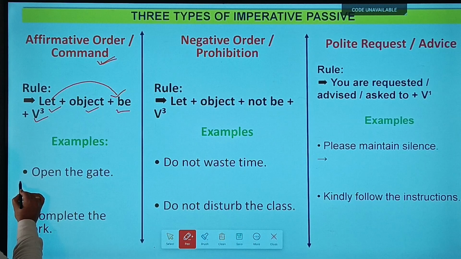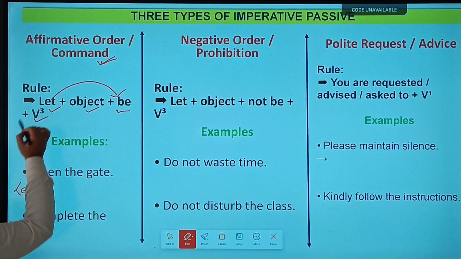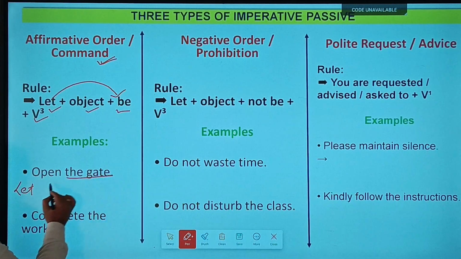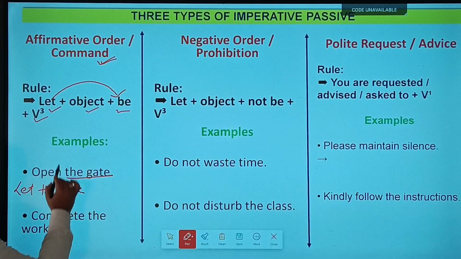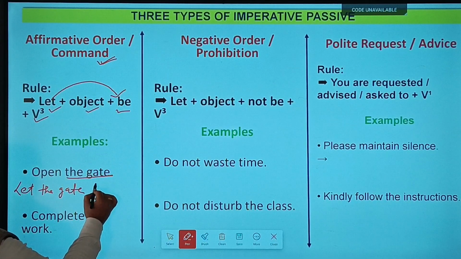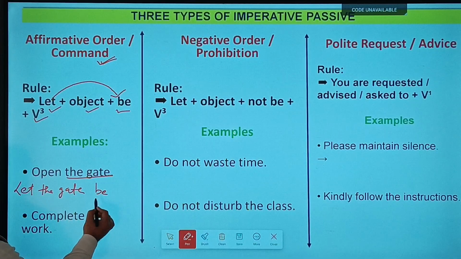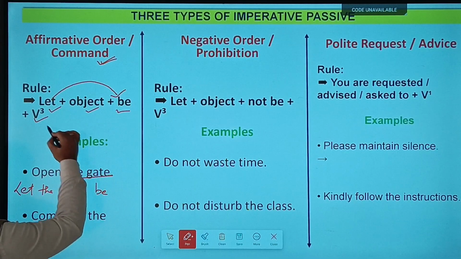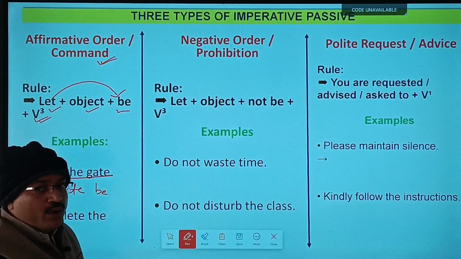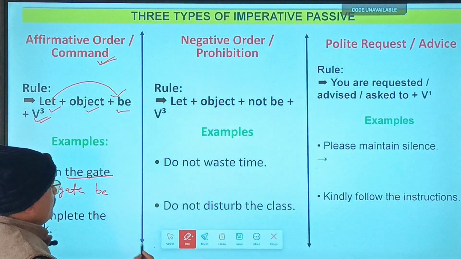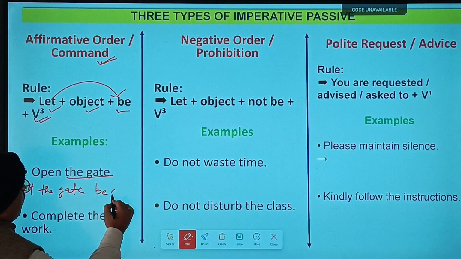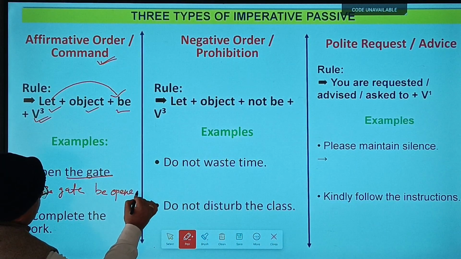Can we start with let? Let, what is the object? The gate. Let the gate. Now let will take what? Be. Let the gate be. And in passive voice we always use what? The third form of the verb. Let the gate be opened.